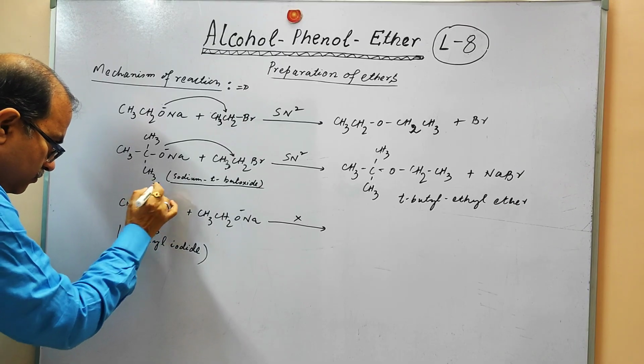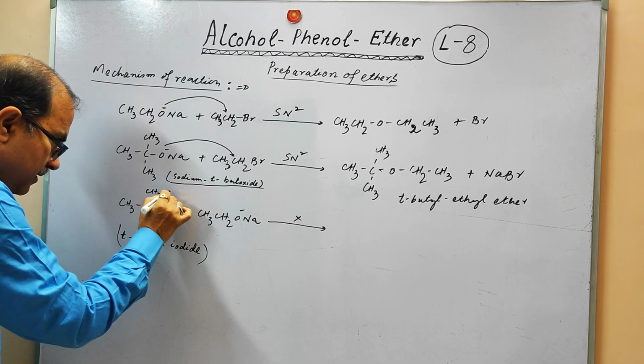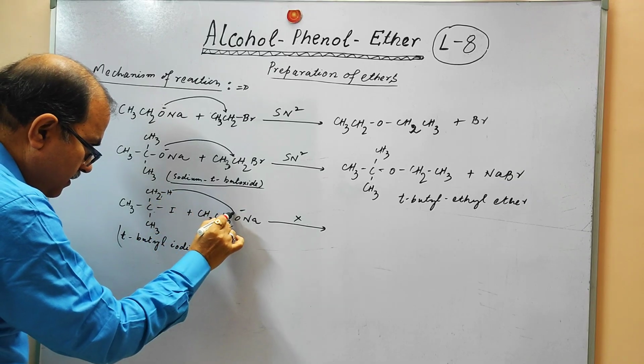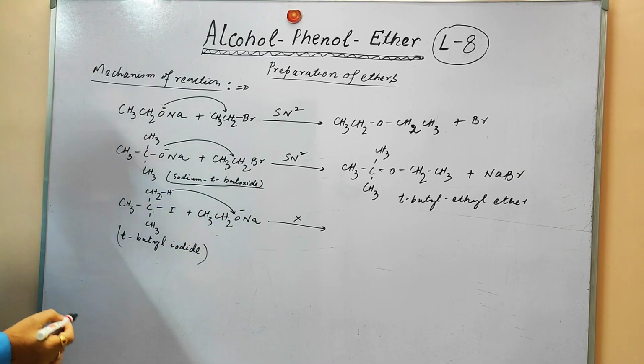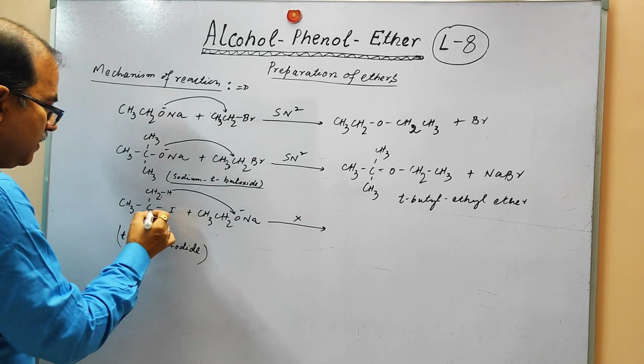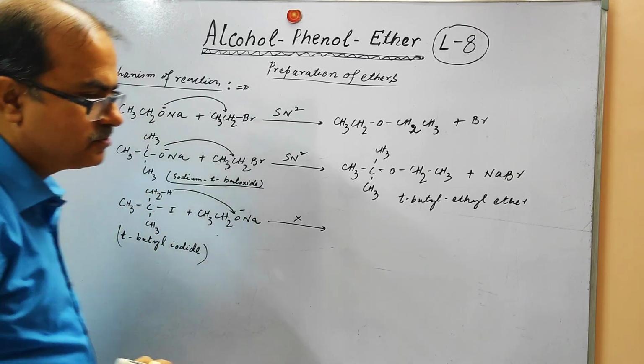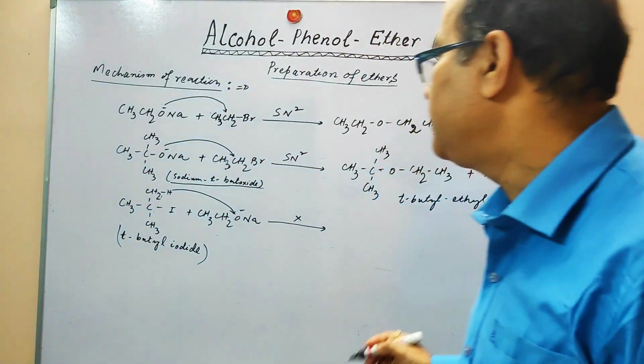So at that time, what is going to happen, there will be the elimination reaction. This hydrogen will be taken up by this ethoxide ion, and there will be the elimination of this, and there is a formation of the alkene.